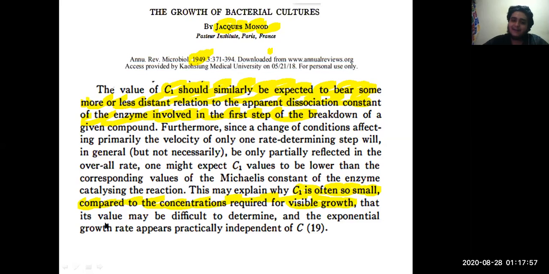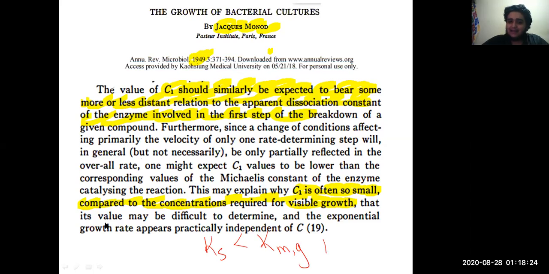But two things which you can bluntly conclude is, without any flux-based analysis and without any mechanistic understanding of bacterial cell growth, Monod very easily said that his constant Ks is always less than Michaelis-Menten's constant Km.